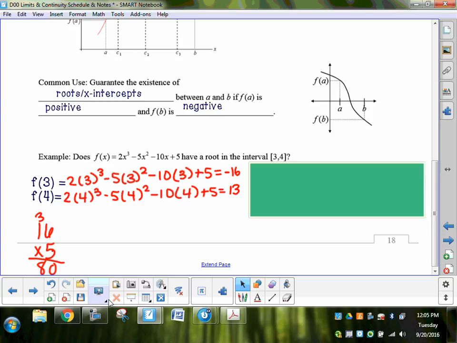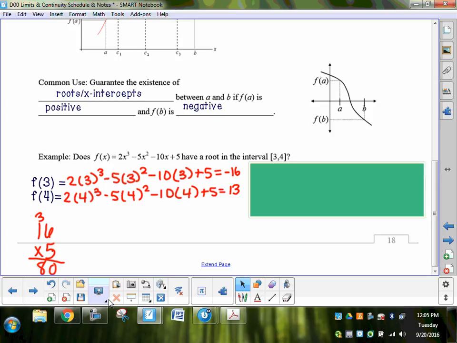Now, does this have a root in here? Yes or no? Does this have an x-intercept? It should. You just verified that one happened because the function at 3 is negative, the function at 4 is positive. This is where you're going to lose points, because this explanation matters.